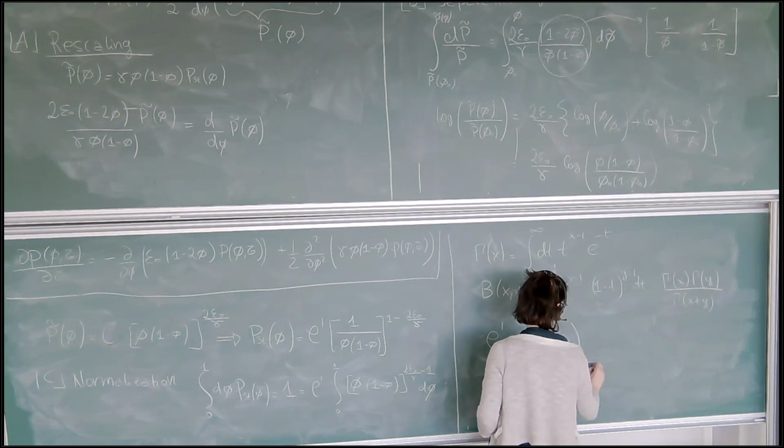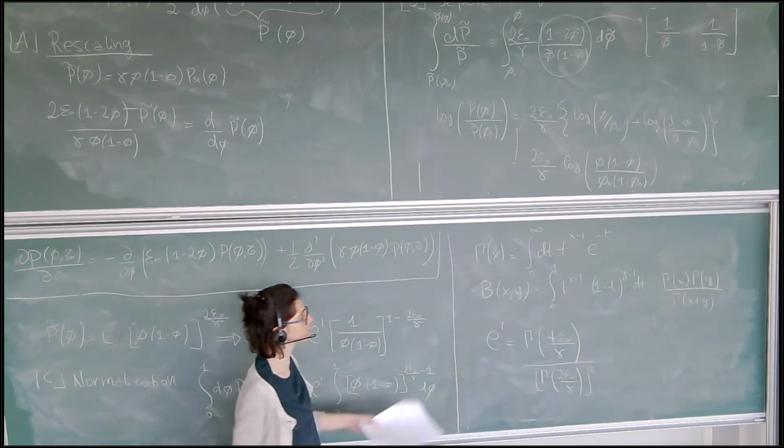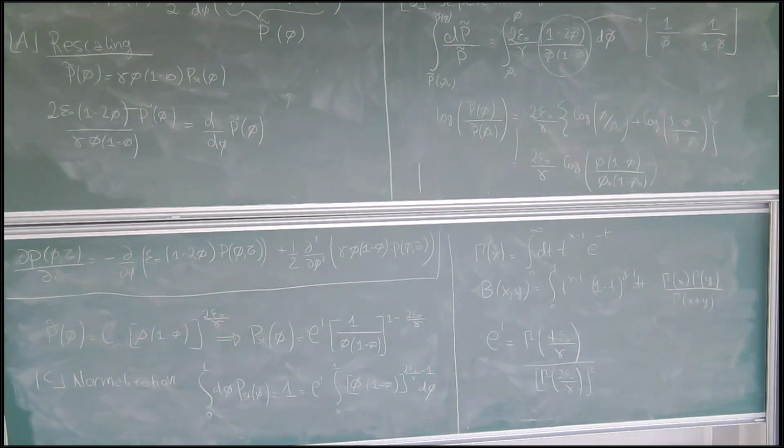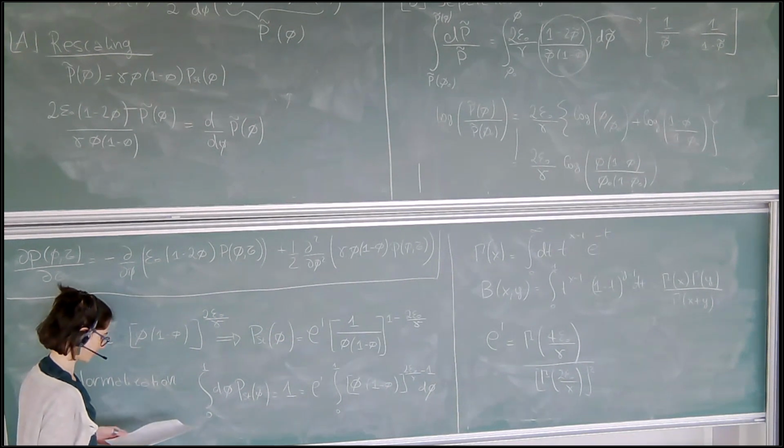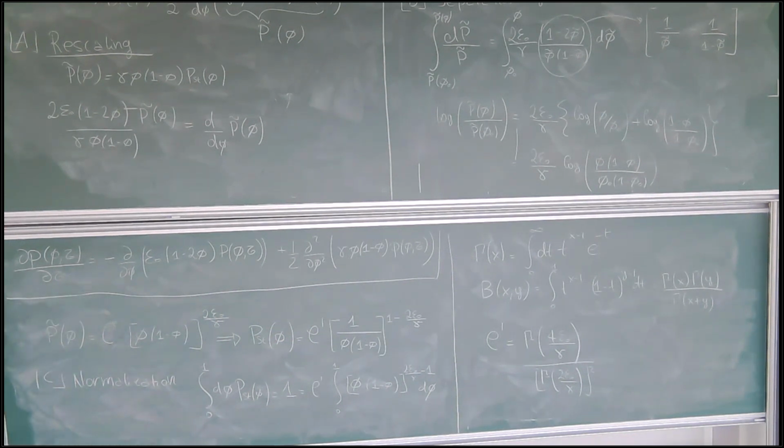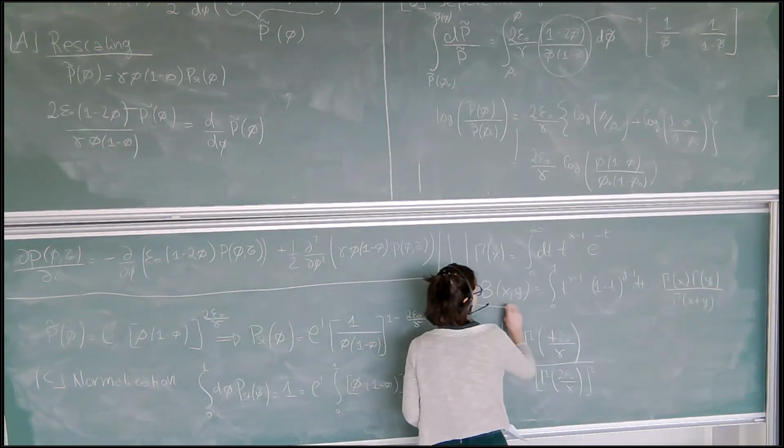So typically, we don't care about the normalization here. I want to write it down because I want to take now a limit and discuss what happens when epsilon 0 goes to 0. Okay. So these are general identities.